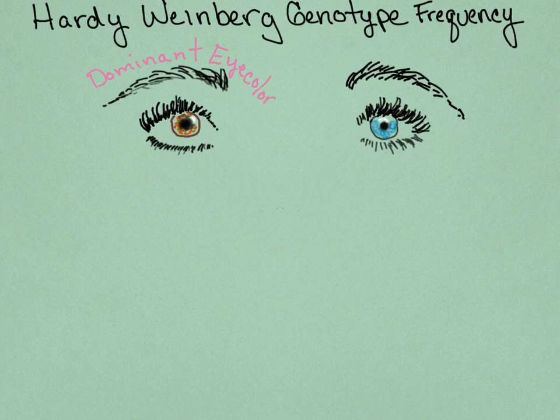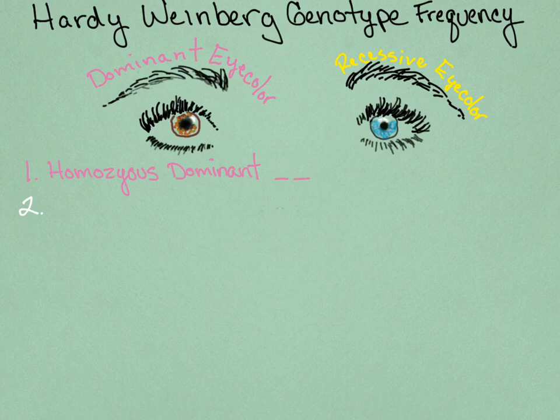Brown is the dominant eye color, and blue, or all light color eyes, are the recessive eye color. Now, you can have 2 genotypes if you have the dominant eye color. So one genotype, you could be homozygous dominant, right?